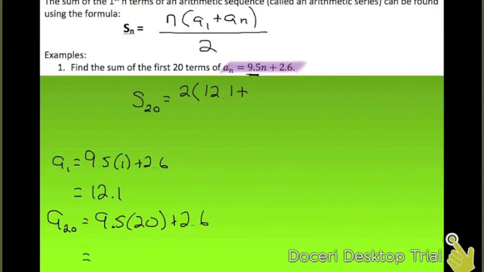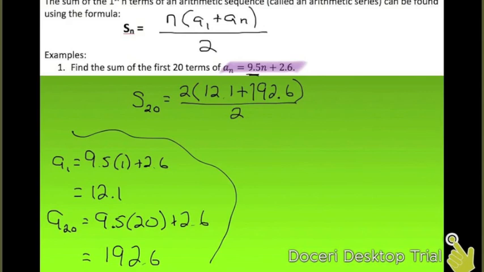And that actually gives us 192.6. So plus 192.6, all divided by 2. So S sub 20, if we multiply and add that out, is going to be 4,094 divided by 2, which is 2,047.